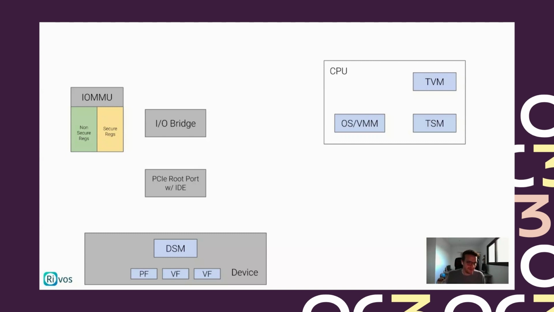On the hardware side, you have a device that is managed by a device security manager, the DSM. Typically, the device would be split into multiple virtual functions and physical functions through, for example, SRIOV. And then you have a translation agent, also called IOMMU or SMMU, for translating I/O virtual addresses into physical addresses of your CPU address space.